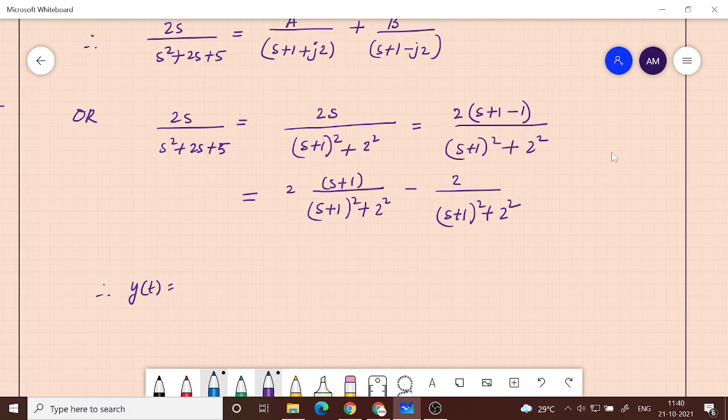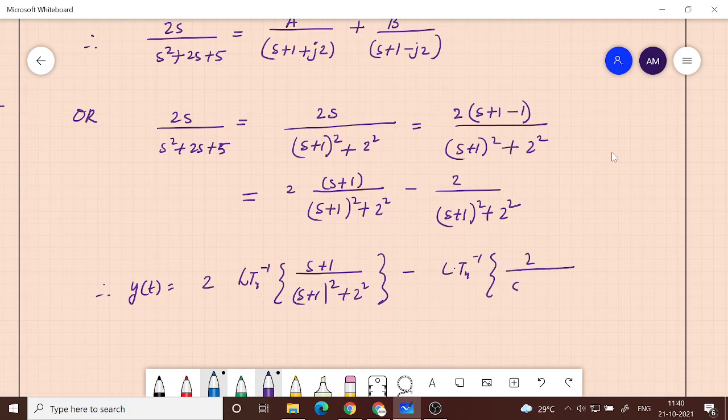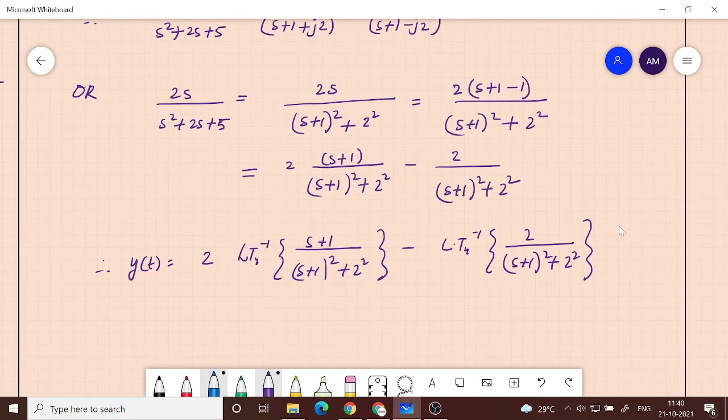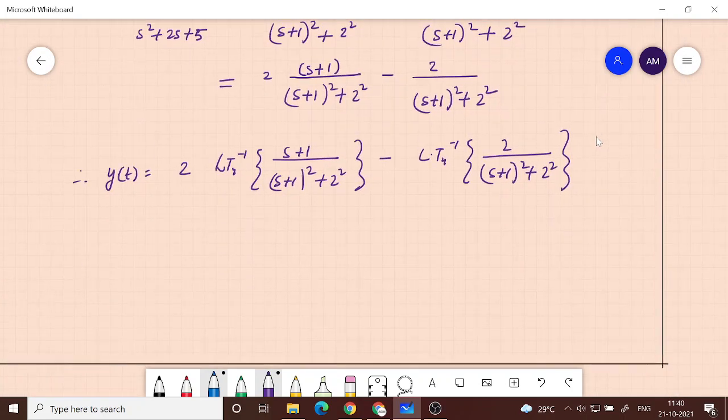So this is 2 into Laplace transform inverse of s plus 1 by s plus 1 the whole square plus 2 square, then minus Laplace transform inverse of 2 by s plus 1 the whole square plus 2 square. So now you can write down.